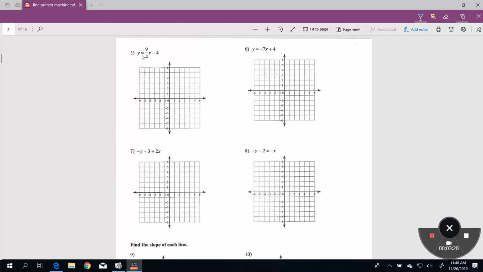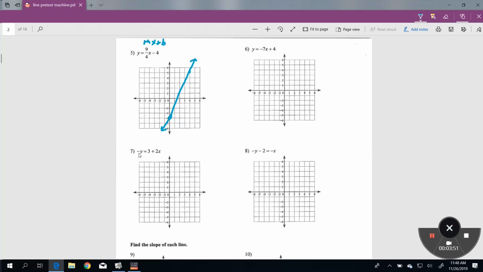So number 5, it's already written in mx plus b form. So that's what I'm going to use. I'm going to start at -4 because that's the y-intercept. Then I'm going to go up 9 and right 4. Okay. On number 7, it has a -y.